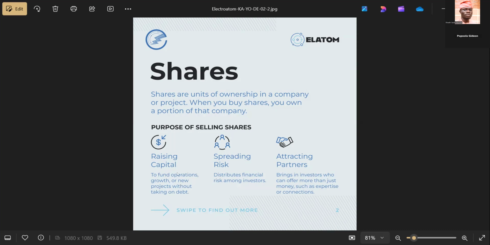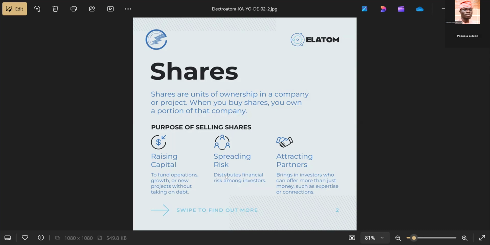And the second purpose of selling shares here is spreading risks. We need to distribute financial risks among investors. So the risk that will come by a body shouldering the whole company will be distributed among all investors.